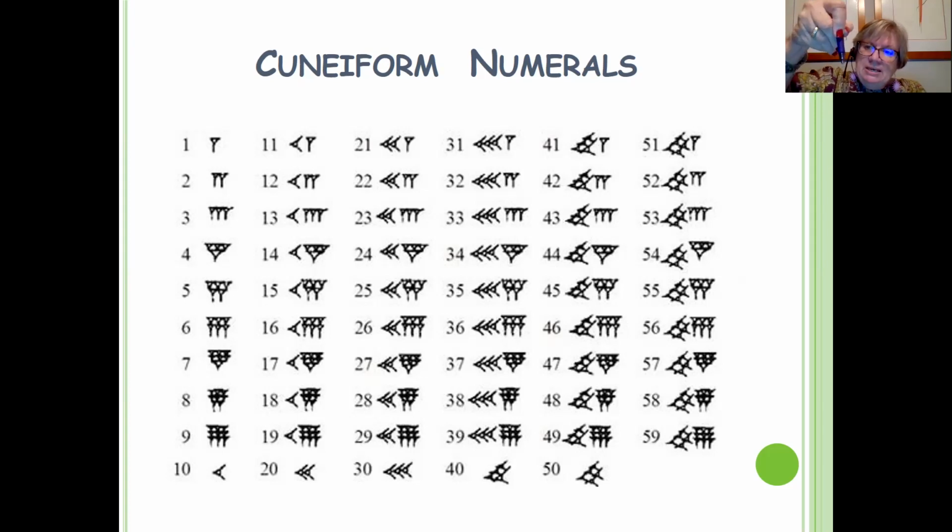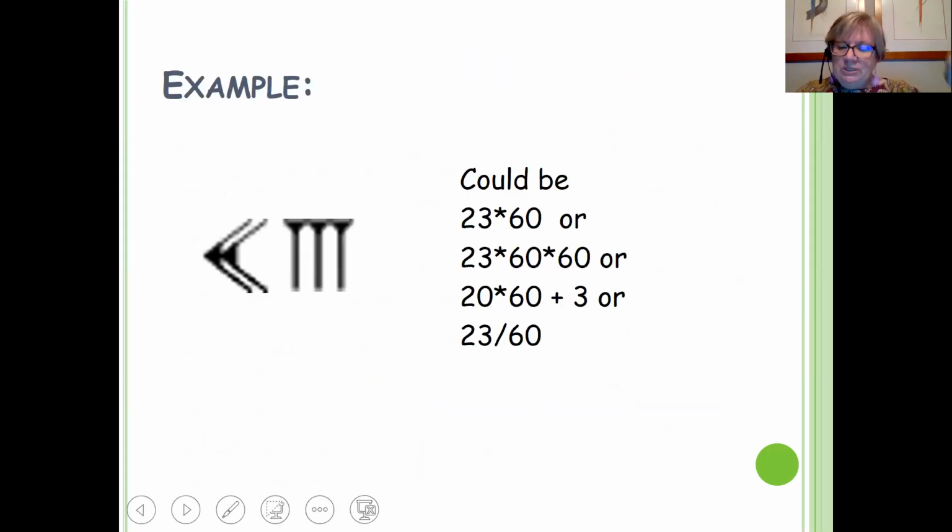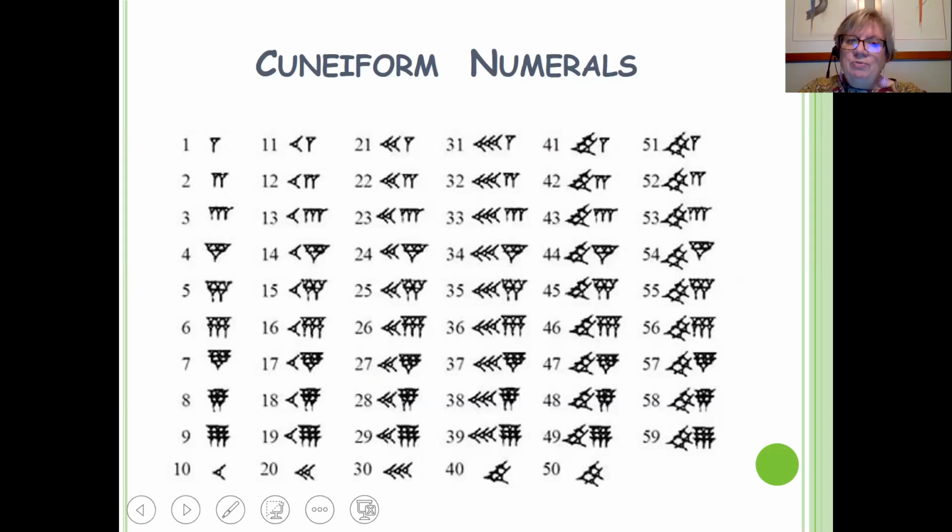Depending on how they turned that pen, they would get these 2 different symbols, the 1 for 1 and the 1 for 10. The 1 for 1, I think, looks kind of like a golf tee, and the 1 for 10 looks kind of like an angelfish to me. That's the way I talk about them. But it's from the same tool.